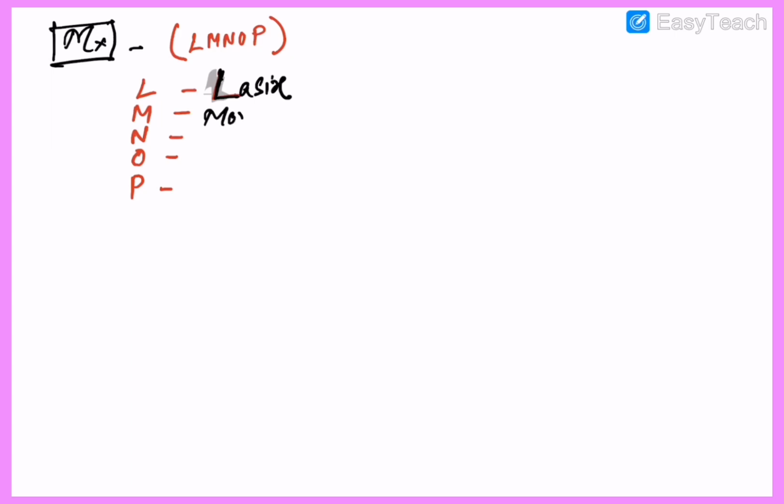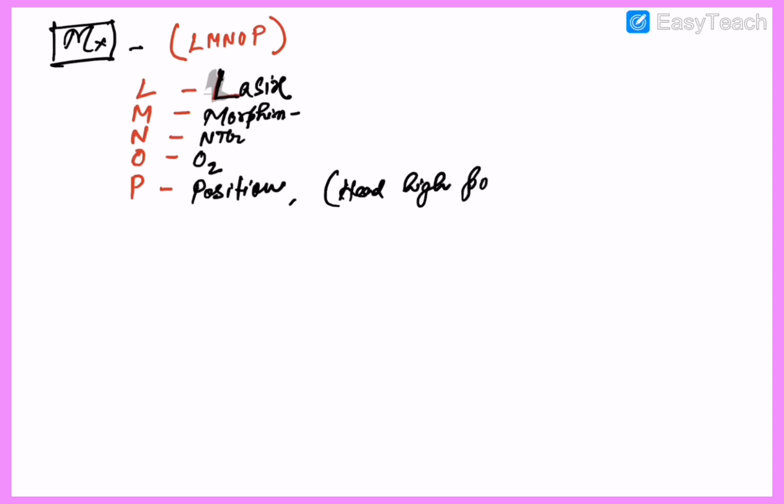M for morphine, a life-saving drug. N for nitroglycerin, O for oxygen, and P for position. What is position here? Head high position, which means sitting position at a 45-degree angle.